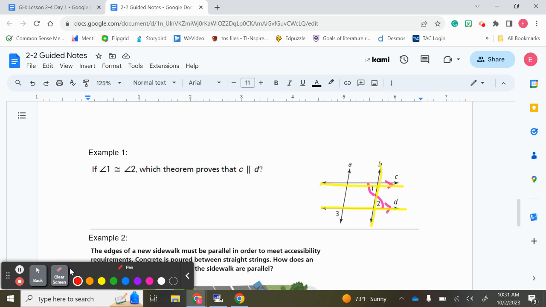The converse. Yeah, and what kind of angles do we have here? Do we have corresponding? Alternate interior. So the theorem is the converse of alternate interior angles theorem.